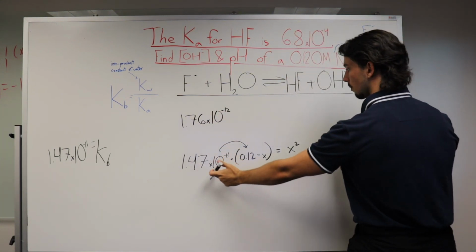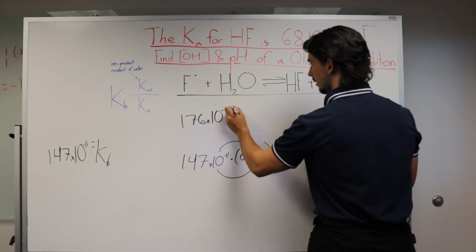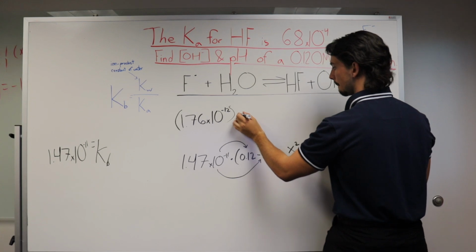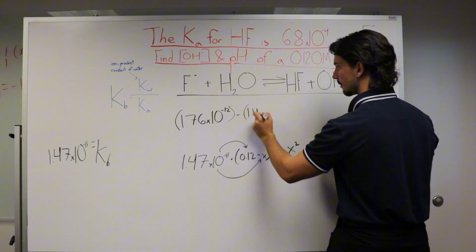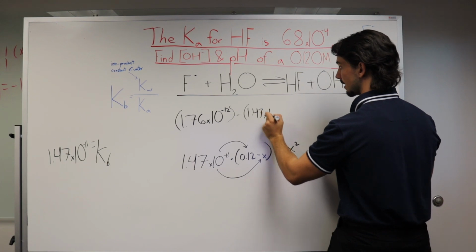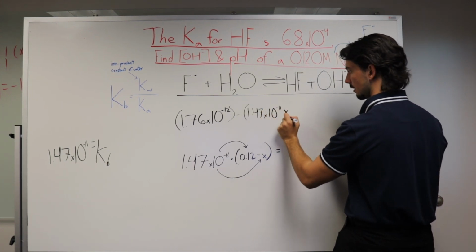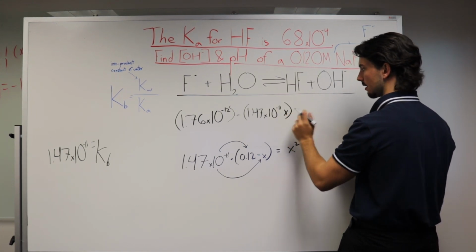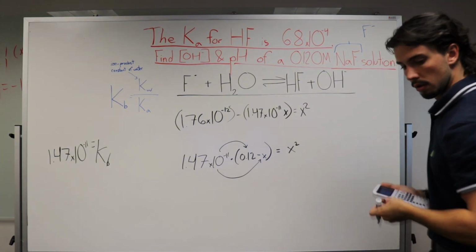And now we multiply it again, this time by negative x. So we'll write minus, and it's simply the same, 1.47 times 10 to the negative 11 x. This is not multiplying, this is x. Is equal to x squared. Almost there.